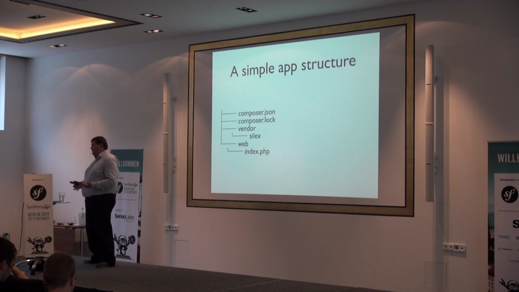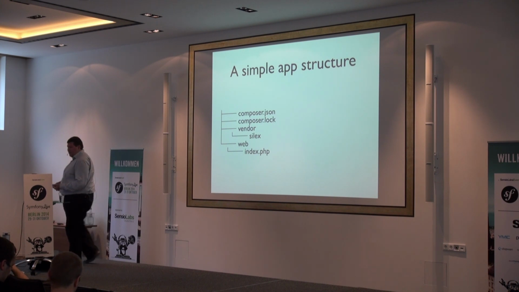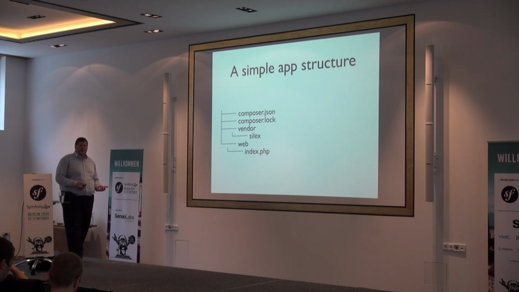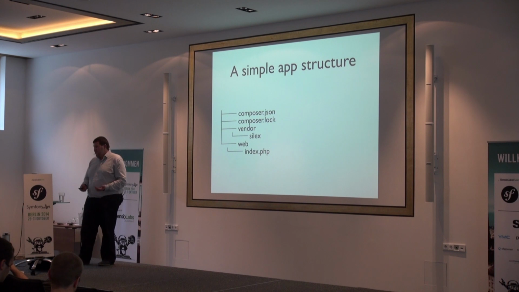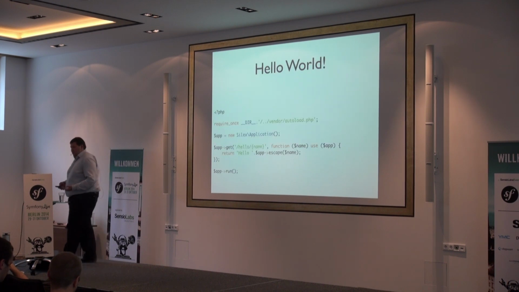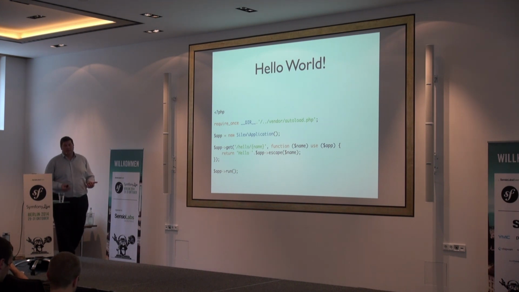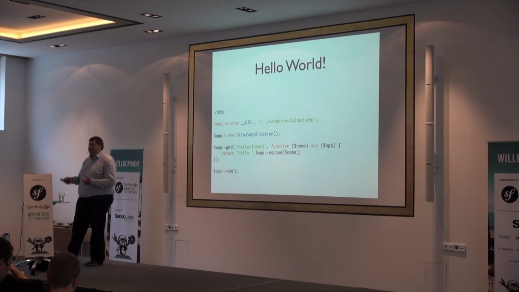So a simple Silex application looks like this. You have your composer.json file, the composer.lock file, and then you have your vendor dependencies and simply an index.php. So if we want to build hello world in Silex, it's extremely easy to do. All we're going to do is require the autoloader, bootstrap a new Silex application, so $app = new Silex\Application, and then we're going to map routes to a controller.